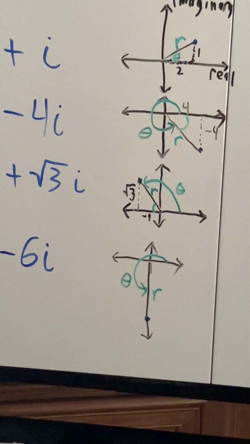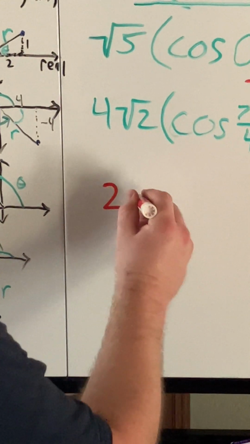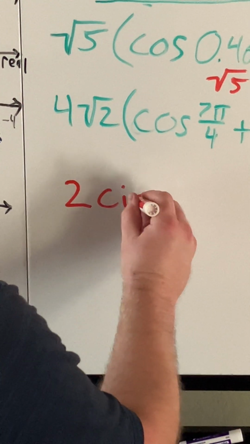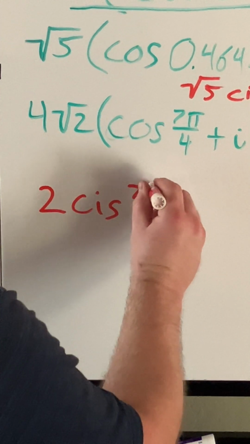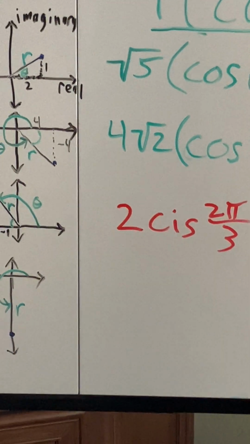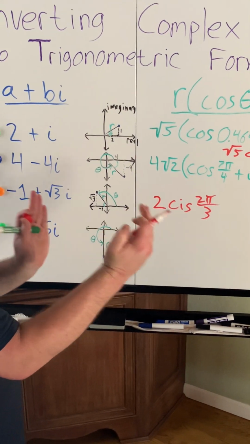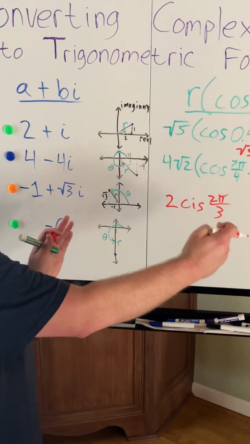So if we were writing it in the shorthand method, that would look like 2 cis 2 pi over 3. Once again, that really just means 2 times cosine 2 pi over 3 plus i sine 2 pi over 3.